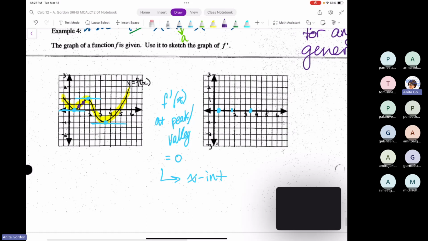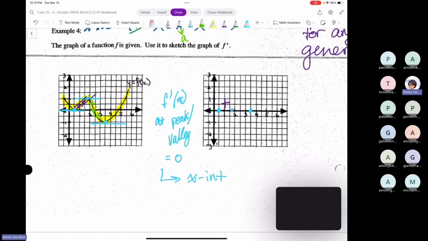What is the slope of the points in between the first two zeros? Positive or negative? Positive. So between here, I am going to have some kind of positive graph, positive y values. I'm just going to put the plus sign in. Okay, between the second and third, if I were to draw a tangent line, what is the sign on those?